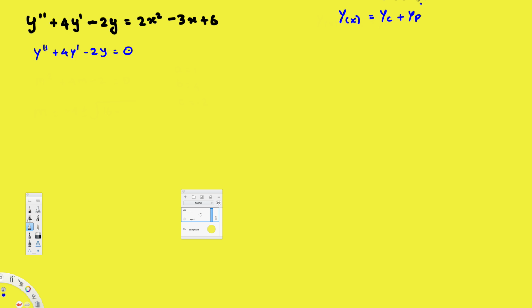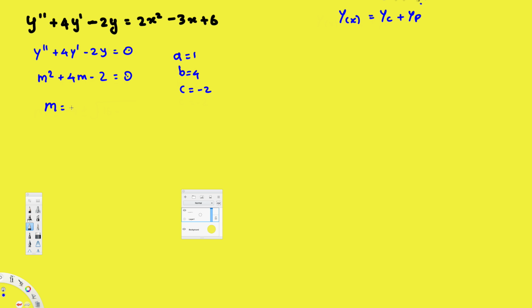So for the double prime, this is going to be m square plus 4m minus 2 is equal to 0. Now we have to see whether we can factor this, but it is not easy to factor directly, so we use the quadratic formula: minus b plus or minus square root of b square minus 4ac, divided by 2a. Here a is 1, b is 4, and c is negative 2.